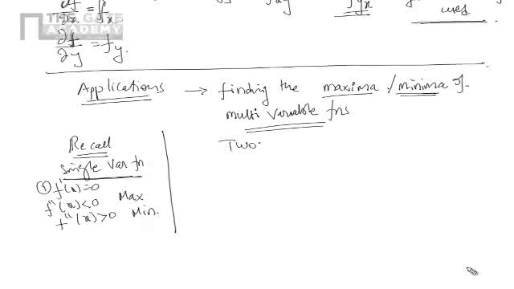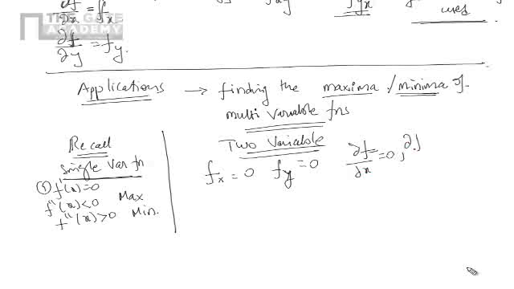For two variable functions, let us understand how it will look. Again the same thing, fx is 0, fy is 0. That is dou f by dou x is equal to 0, dou f by dou y is equal to 0, at some point.